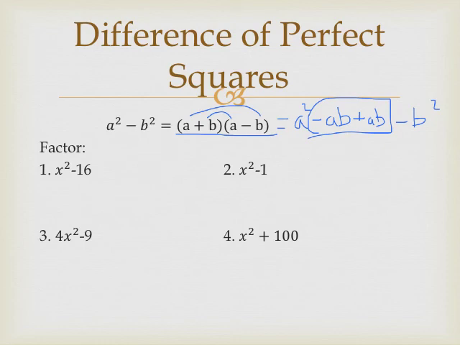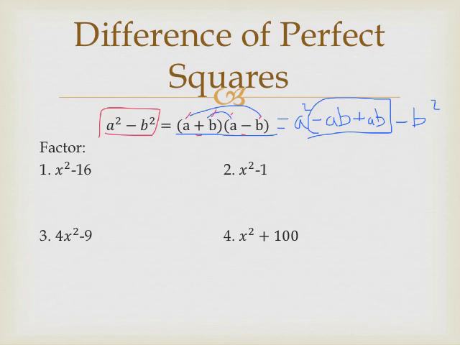It leads to a very, very useful shortcut in factoring, which is recognizing the difference of perfect squares, which basically just means you have a perfect square minus a perfect square. You will always be able to factor it into its two square roots, and then one has a plus, one has a minus, into these conjugate pairs.